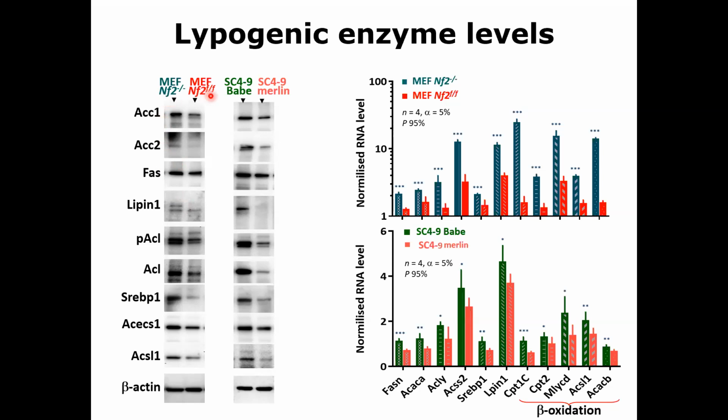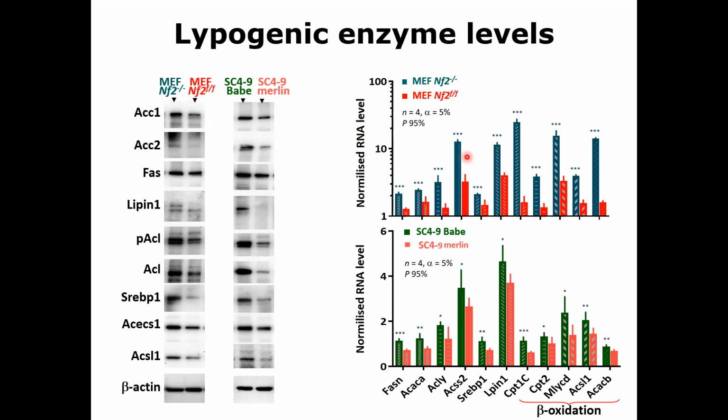And on the opposite, when we re-express Merlin in mouse schwannoma cells, we get this loss of expression level for most genes, for most proteins. And the same is observed when evaluating the messenger RNA level by RT-PCR.